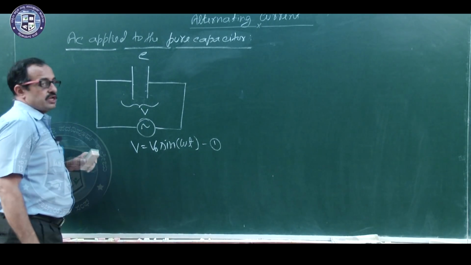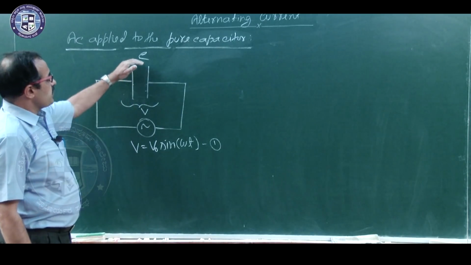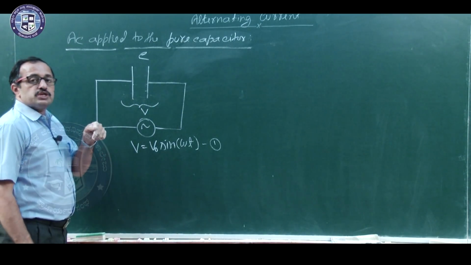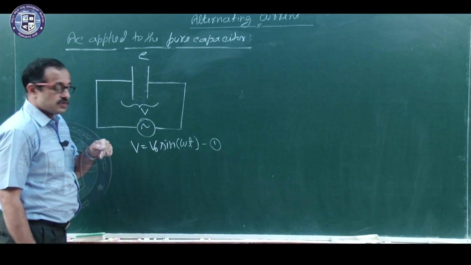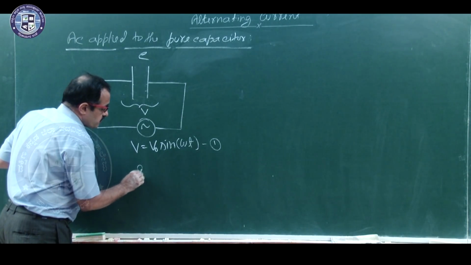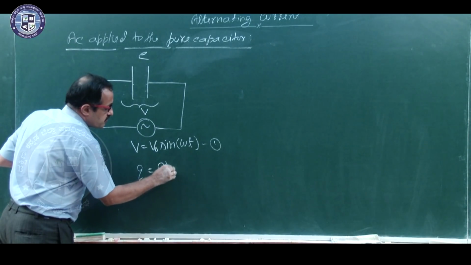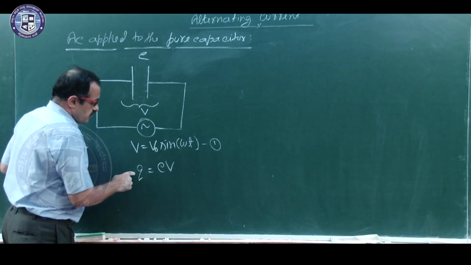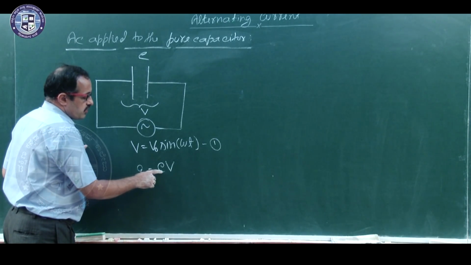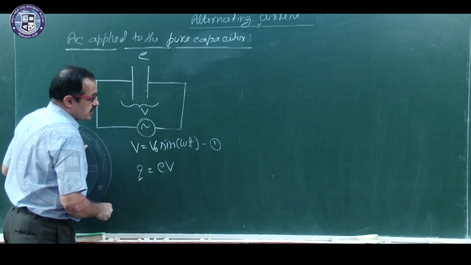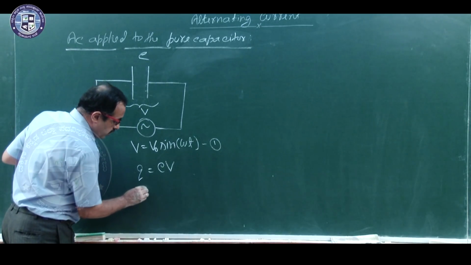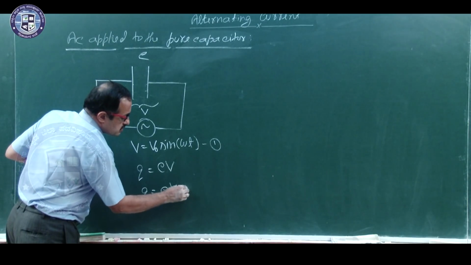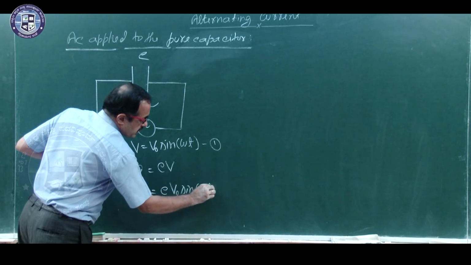V is the instantaneous voltage and C is the capacitance. For this instantaneous voltage, you have an instantaneous charge, given by the formula CV. Instantaneous charge is equal to capacitance multiplied by instantaneous voltage, or Q equal to C times V. What is V? V naught sin omega t.